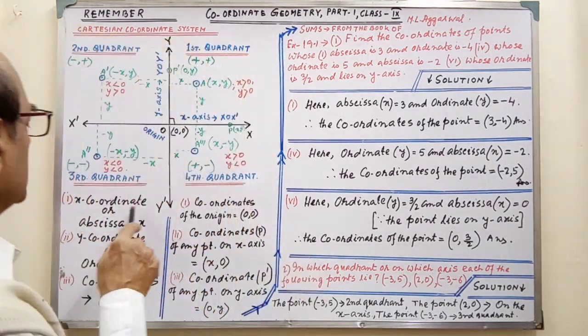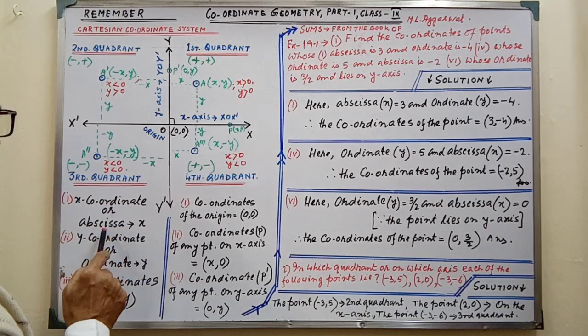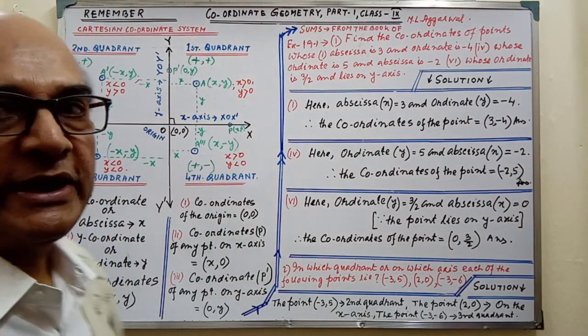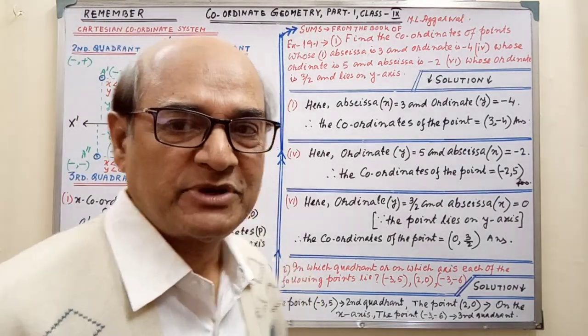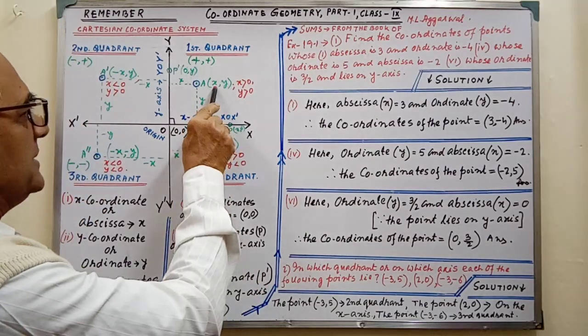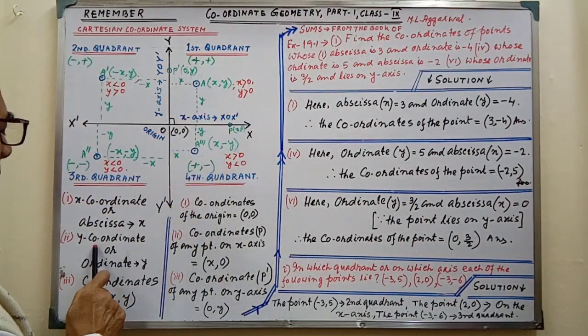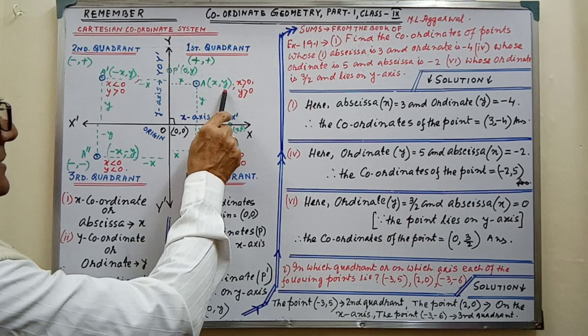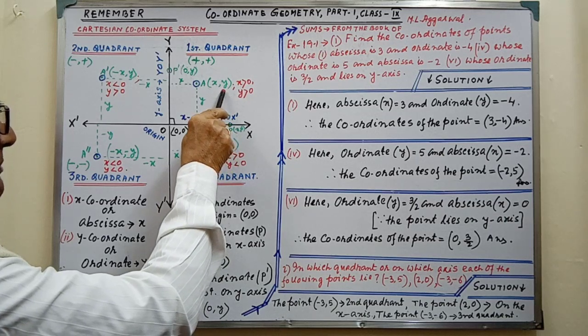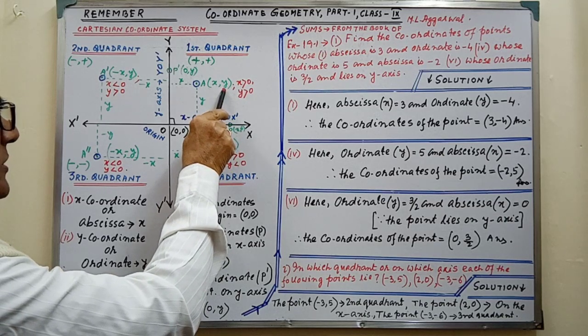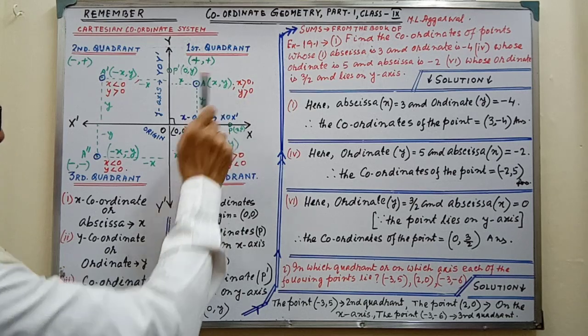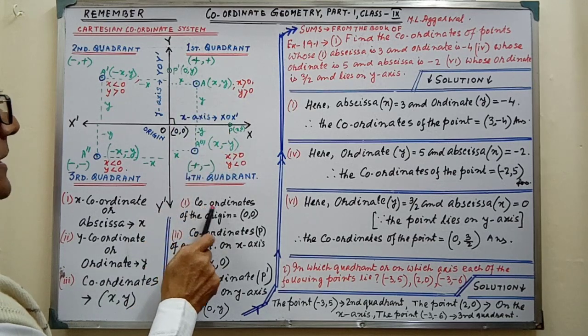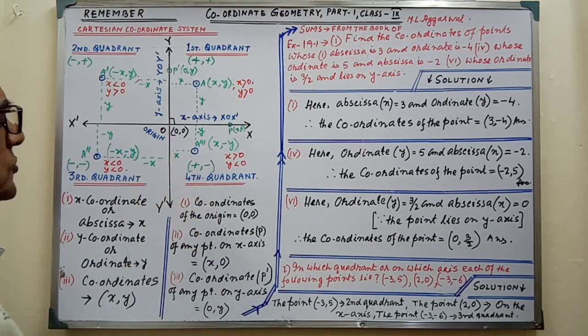And there are more parts. X coordinate is known as abscissa, that is denoted by x, and y coordinate or ordinate is denoted by y. And coordinates of origin are 0, 0.